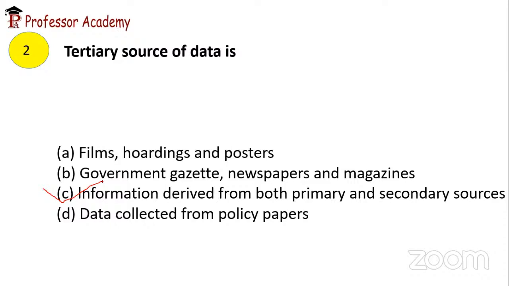Tertiary sources are those which help us to identify the primary and secondary sources, like abstracts, indexes and references. They guide us to the primary and secondary sources, helping us derive information from them.